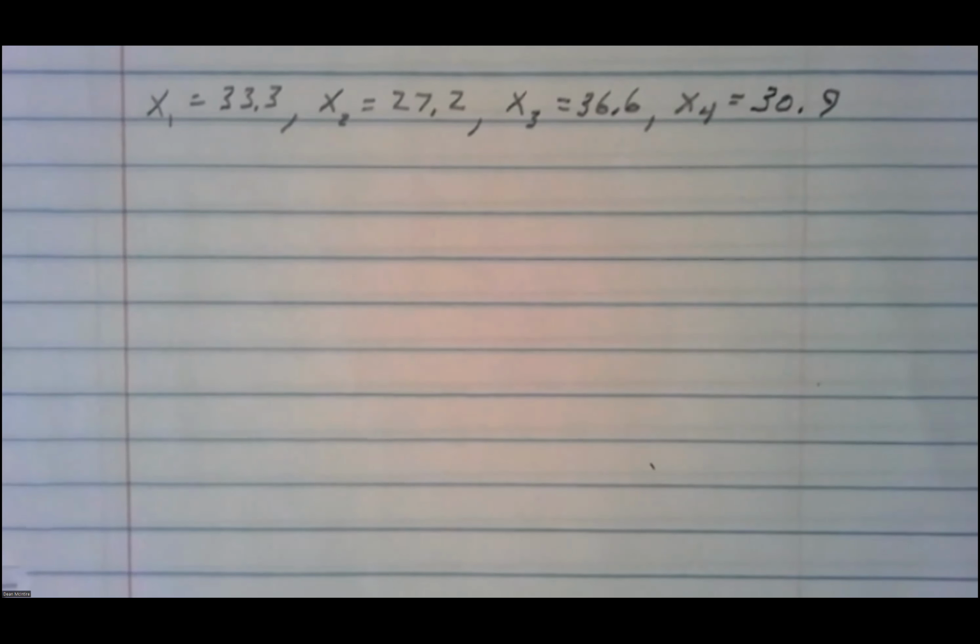I've copied the values down in problem 7. Maybe we ought to look at those values before we go any further. Let's look at problem 7 before we start, so we know what we're talking about.